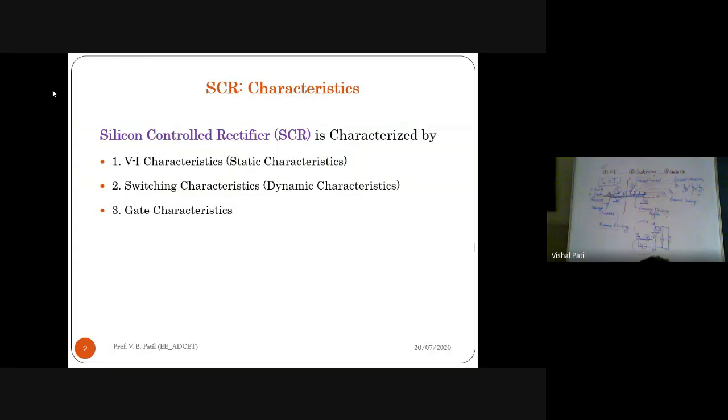So silicon control rectifier is characterized by three characteristics: VI characteristic, which is the static characteristic, okay, and switching characteristic, which is also termed a dynamic characteristic.